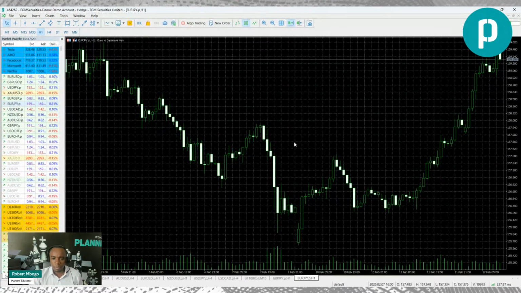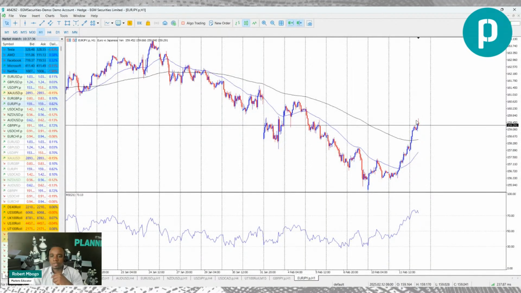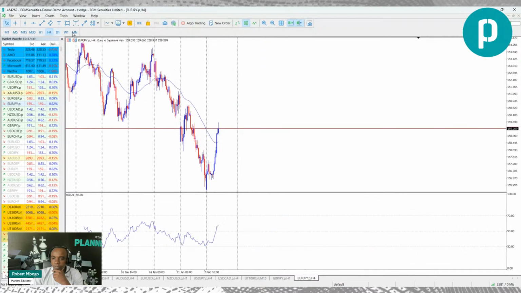Look at how this... Remember, this is the yen. You can see this is the yen moving these pairs. You can see an almost similar pattern.